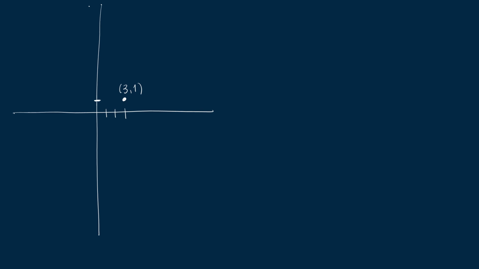So, on your 11, 1, it will move 8 units to the right. Why? 1, 2, 3, 4, 5, 6, 7, 8. 4, 5, 6, 7, 8, 9, 10, 11. This is already 11. Sorry, positive 11 instead of negative. And this is 3.